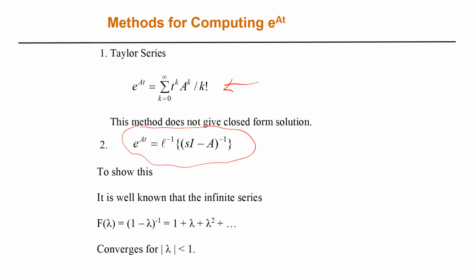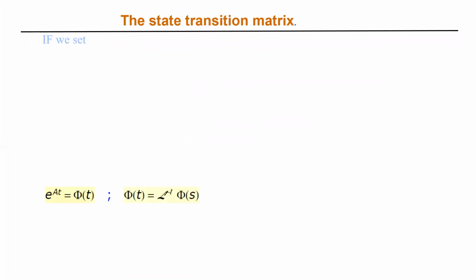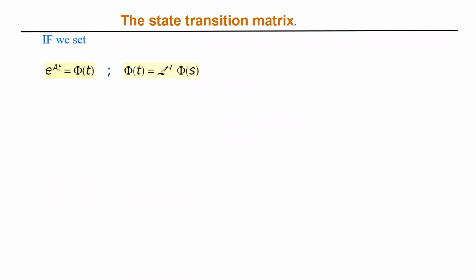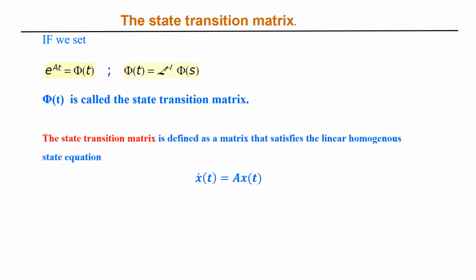A is a matrix. We call e to the At phi of t, or what we call the state transition matrix. For the linear time invariant system, they are the same. If you go to something called a time varying system, then they will be a little bit different.